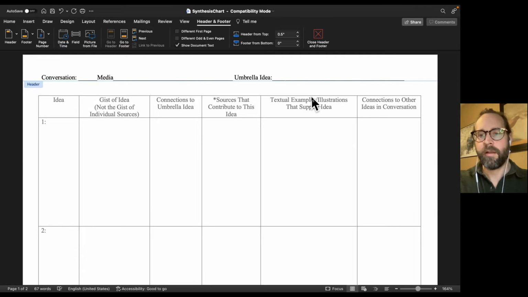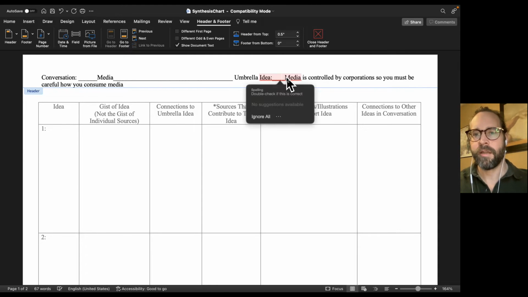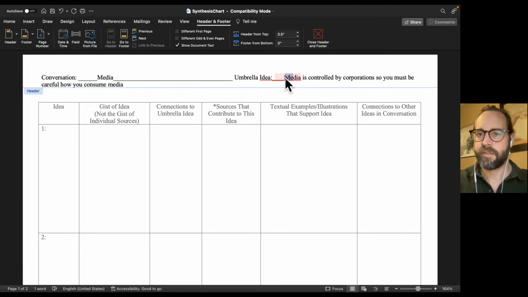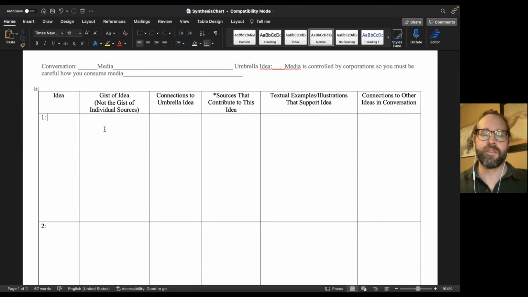So let's say media is controlled by corporations, so you must be careful how you consume media. I don't like how it formatted that, but you can kind of see it's got that in there, right? This is just for the sake of an example here. So topic is media. Your working thesis here: media is controlled by corporations, so you must be careful how to consume media. So now you get into the chart.